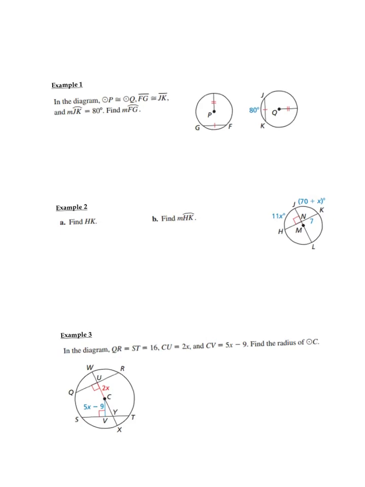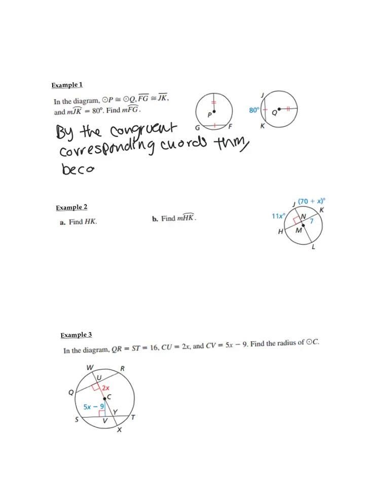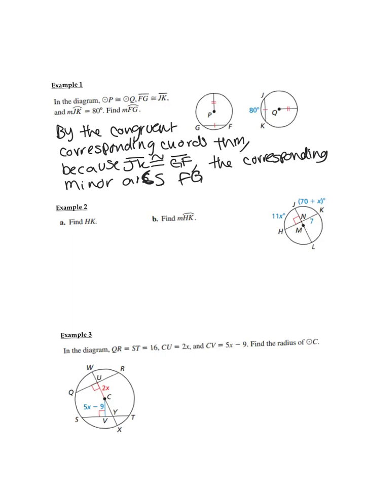So by the congruent corresponding chords theorem, because JK is congruent to GF, the corresponding minor arcs FG and JK are congruent.